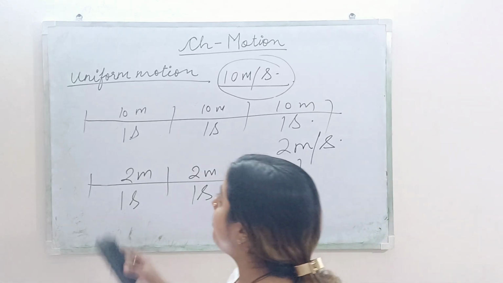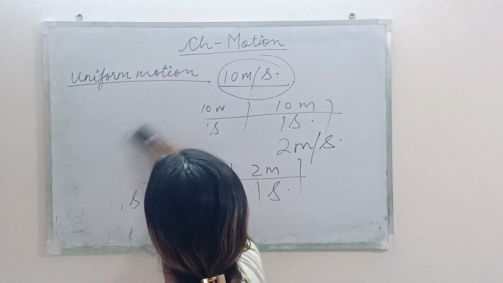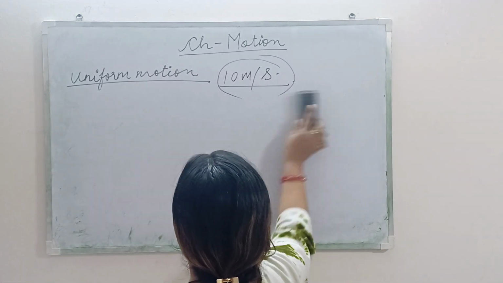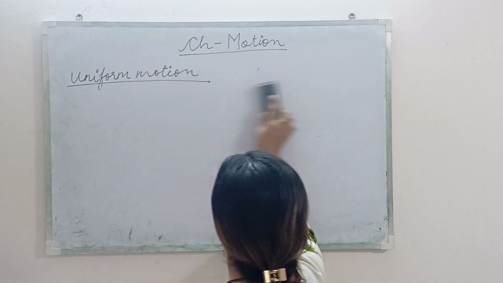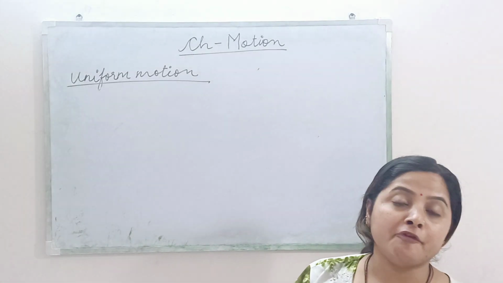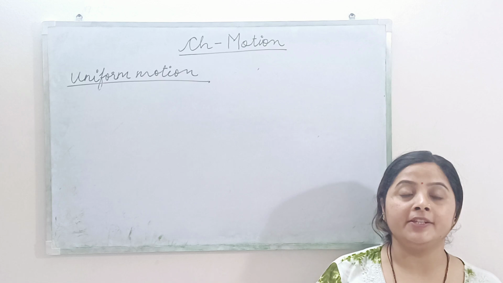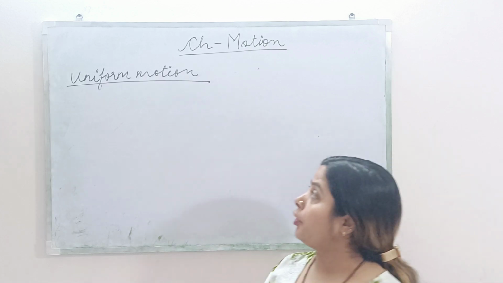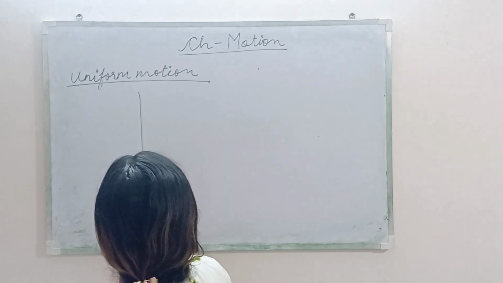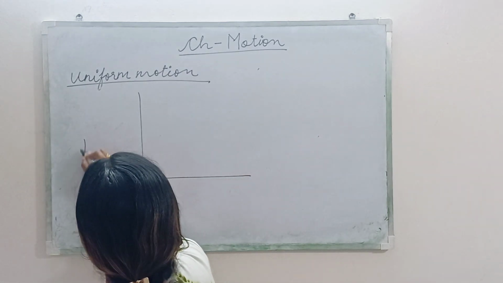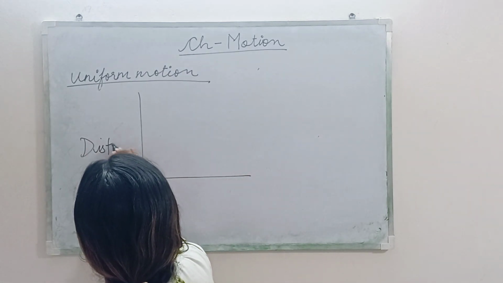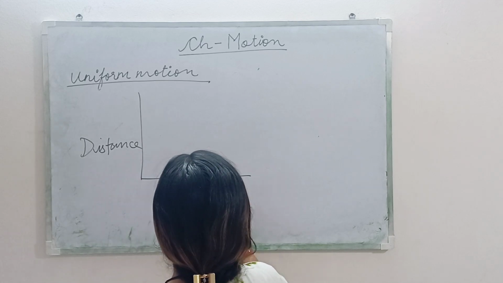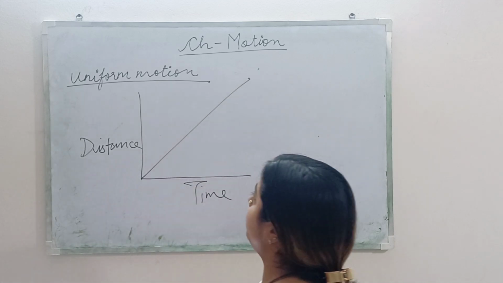Now the very next important thing about uniform motion is the graph of the uniform motion. Okay, graph of uniform motion. So, graph of uniform motion between distance and time is a straight line graph. Okay, for uniform motion, the graph between distance and time is a straight line graph.